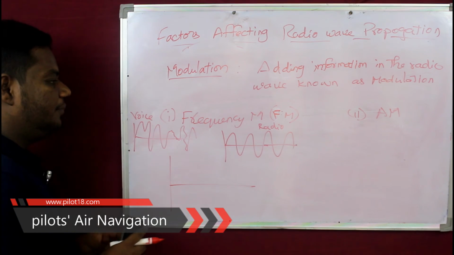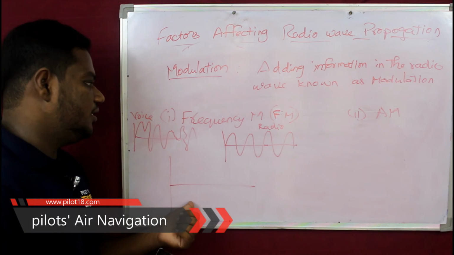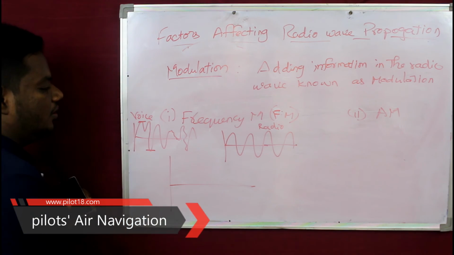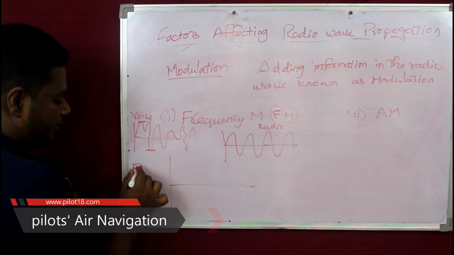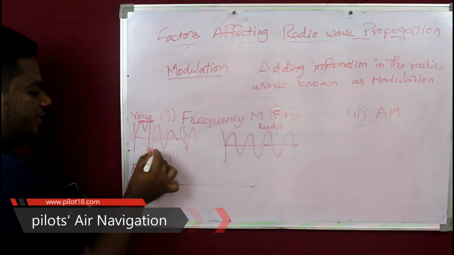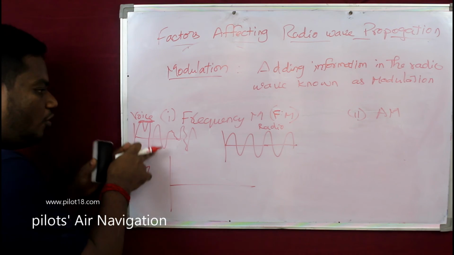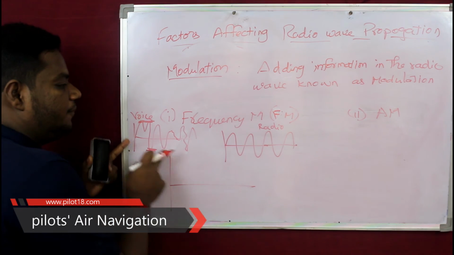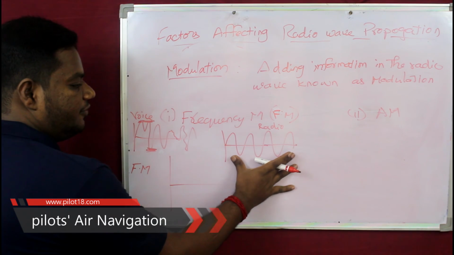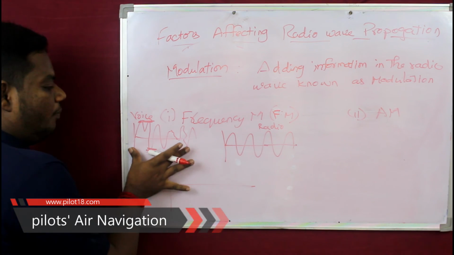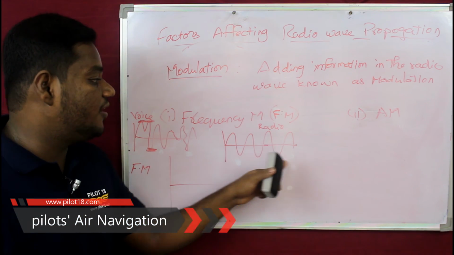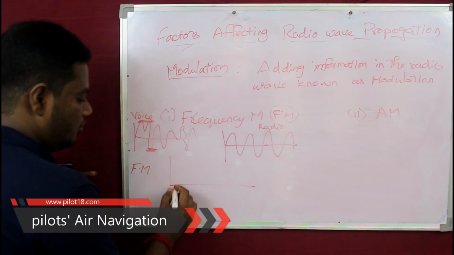So now I am going to change, let's see first FM, frequency modulation. The amplitude of my audio wave, you see the height, is going to modify the frequency of the radio wave. This is known as frequency modulation. Earlier the frequency was like this. Now the amplitude of my voice is going to change the frequency. Then it looks like this.